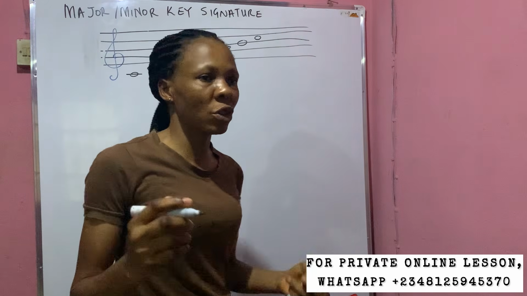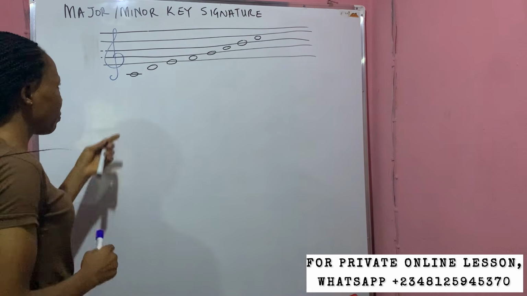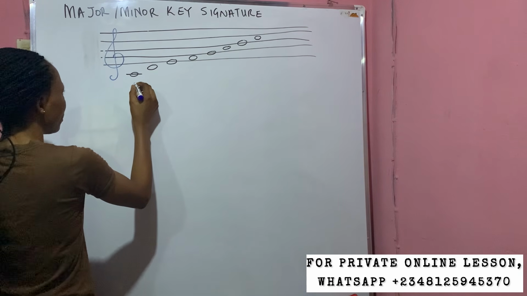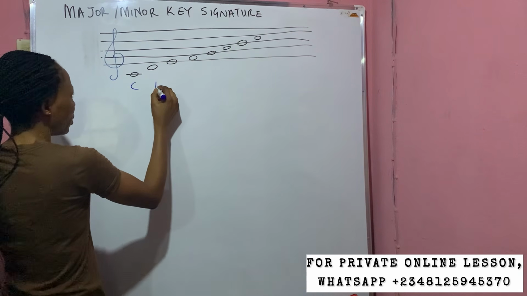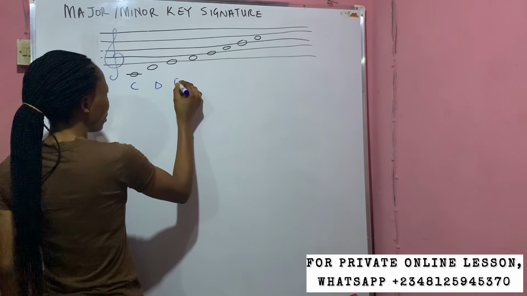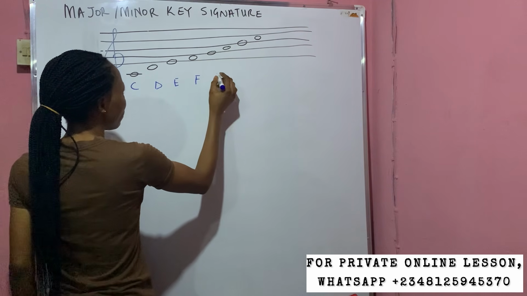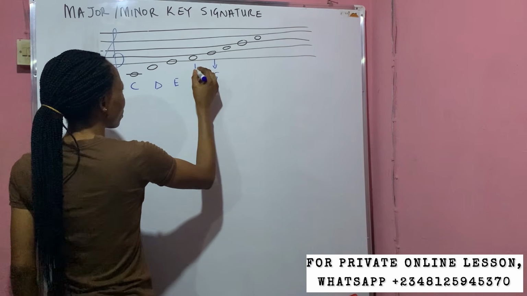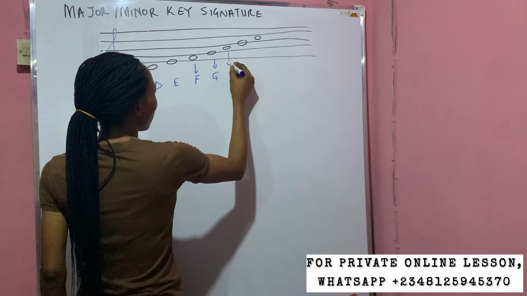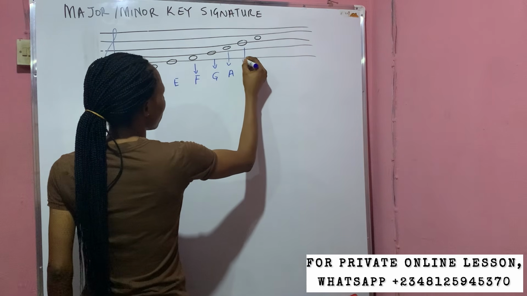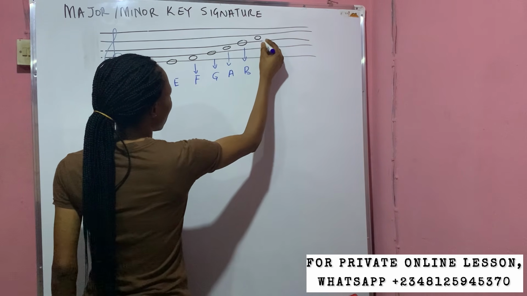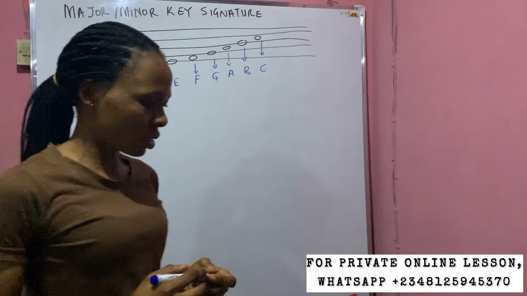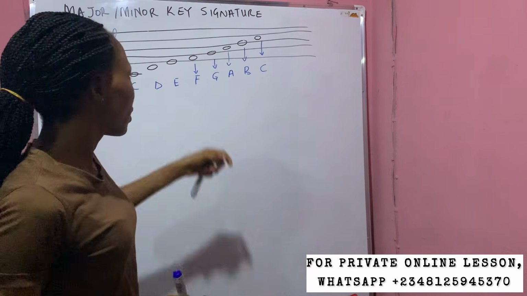Now, the key of C major consists of these notes. The notes you're seeing here are C, D, E, F, G, A, B, and back to C. Okay. Now this is the key signature of the C key. Now this is the key of C major.